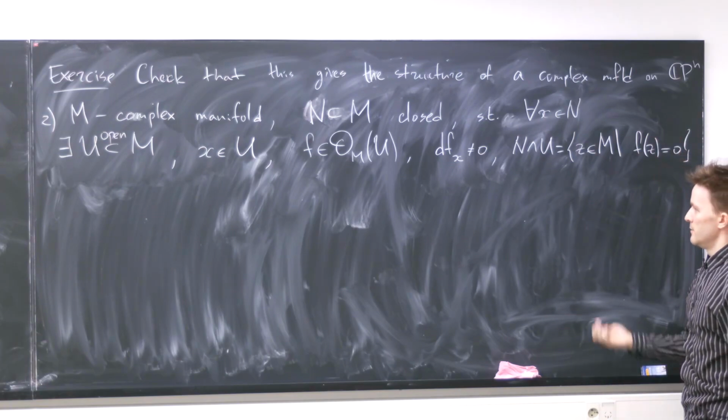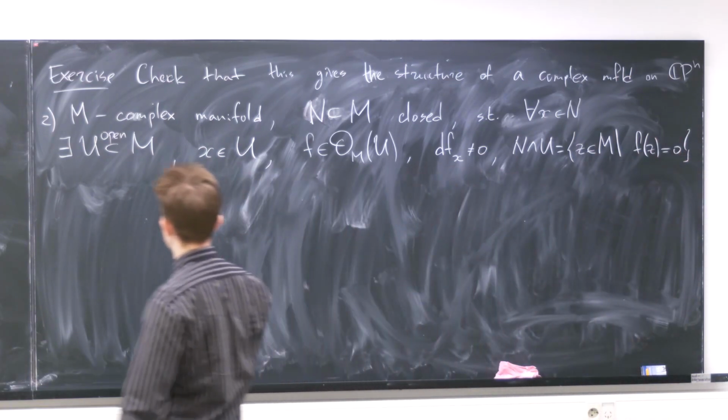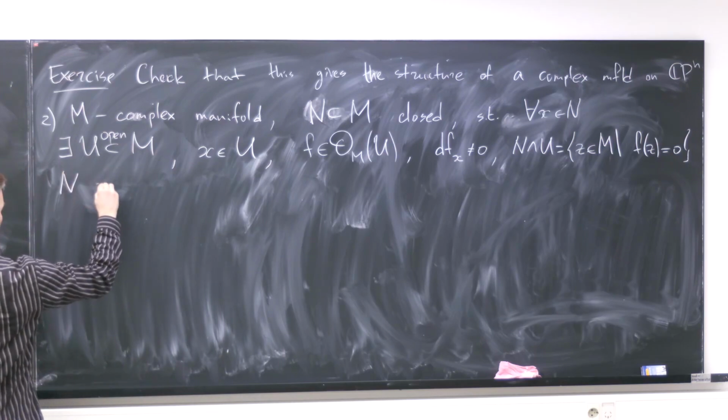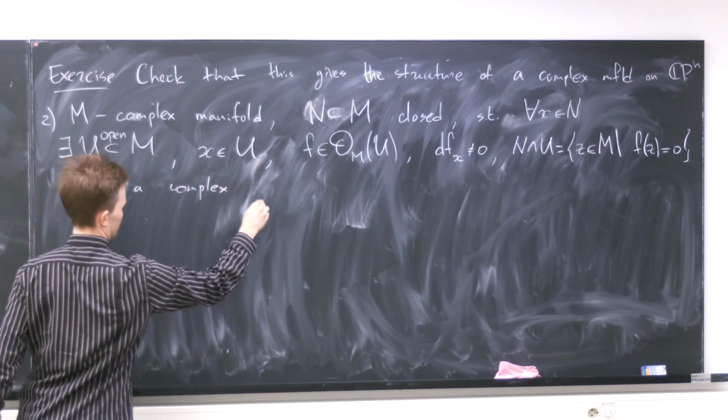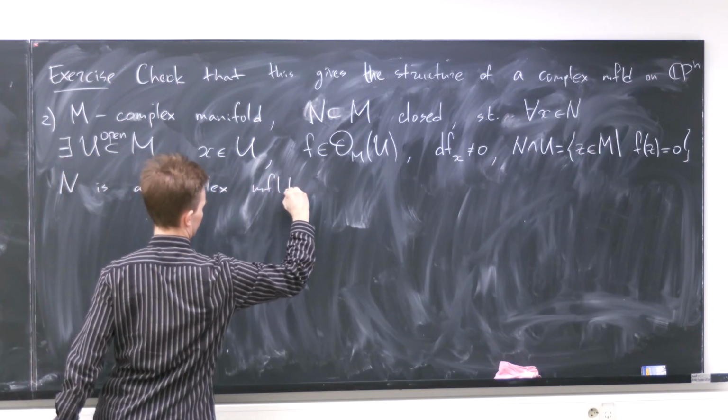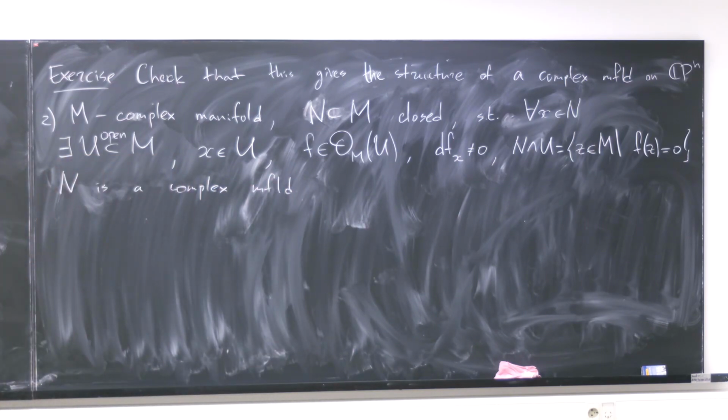Right, like this. Well, then I claim that this N is also a complex manifold. So how can we see this? By the holomorphic implicit function theorem.